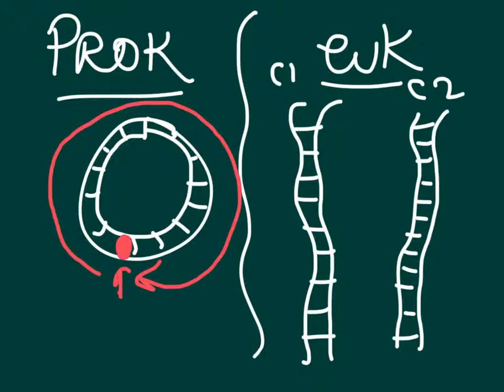In eukaryotes, not only is it not a circle, they're linear chromosomes, but there's multiple. How many do you have as a human? How many chromosomes? 23 pairs makes 46 total.